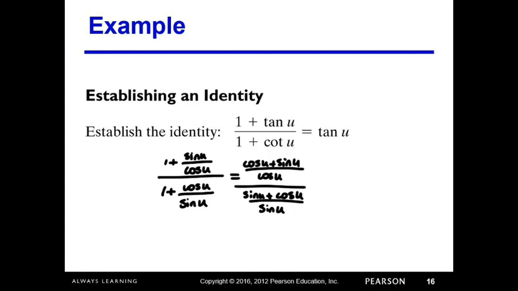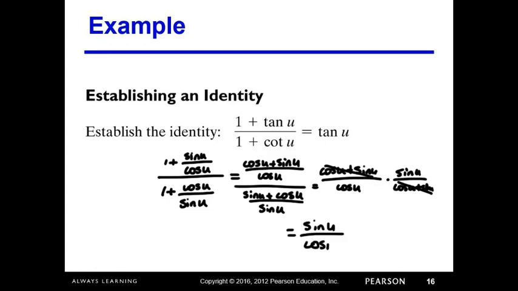Then you're going to invert and multiply. So you're going to have cosine plus sine over cosine times sine over cosine plus sine. Okay? And then that cancels, and so you're left with sine over cosine, which is the same as tangent. And so the two sides match.